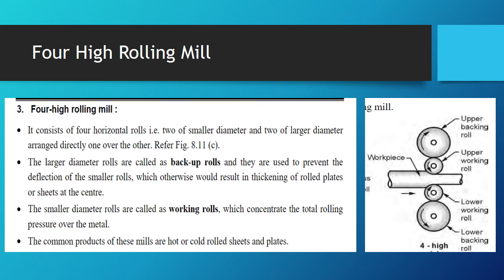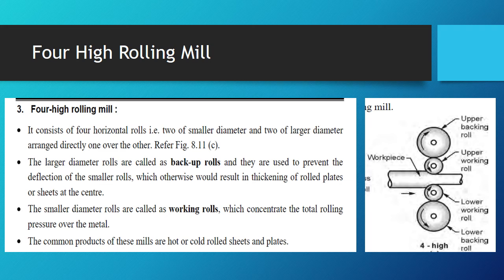Now coming to a four high rolling mill. It has two rollers on each side. If you paid attention to the two high rolling mill, which has two rollers, this four high rolling mill does the same work as a two high rolling mill, just with two additional rollers.